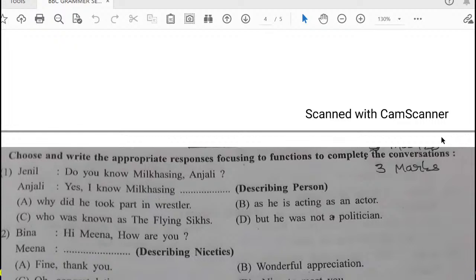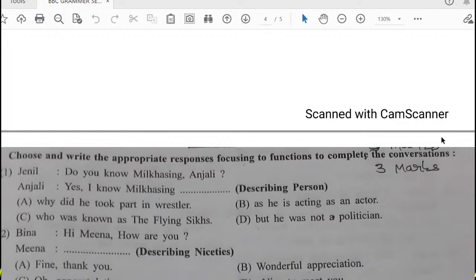So out of these four options, we will have to find the option that describes a person. For describing a person, we have an adjective clause connected with who, whom, whose, which, and that.